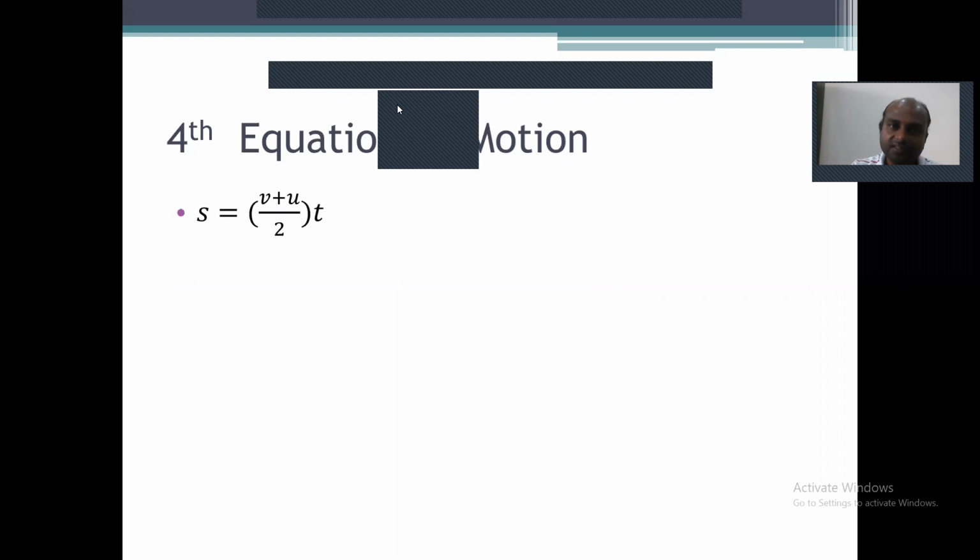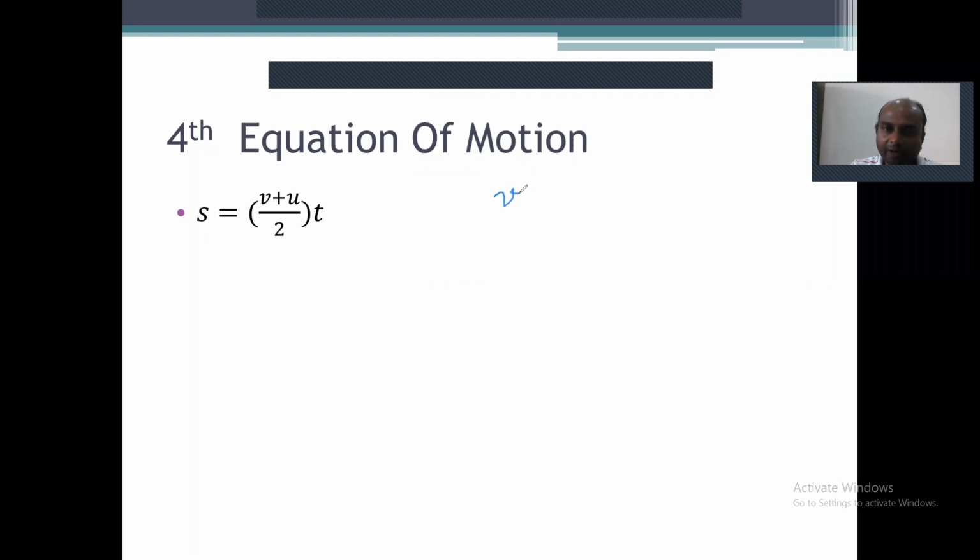So we discussed that the average velocity of any body is nothing but the total distance over total time, right? So by that same logic, the total distance covered should be average velocity into time. So this is what this equation shows.